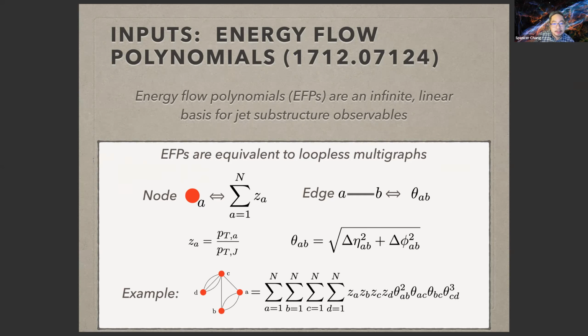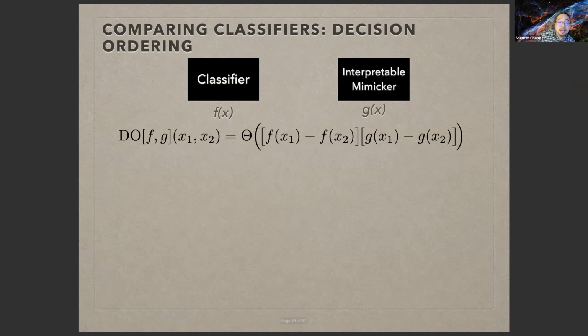Now, as we're building up a mimicker or imitator of this classifier, we want to be able to decide if it's doing a good job, that this G is doing a good job matching F. How do they do that? They define something called decision ordering.